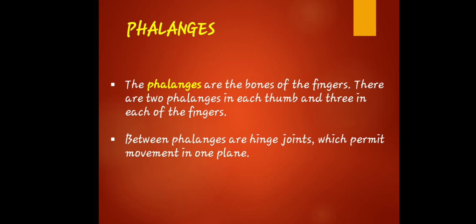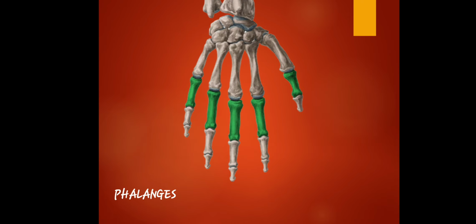Phalanges are the bones of the fingers. There are 2 phalanges in each thumb and 3 in each of the fingers. Between phalanges are hinge joints which permit movement in one plane. So this is the location of the phalanges, which, as we said, are the finger bones.